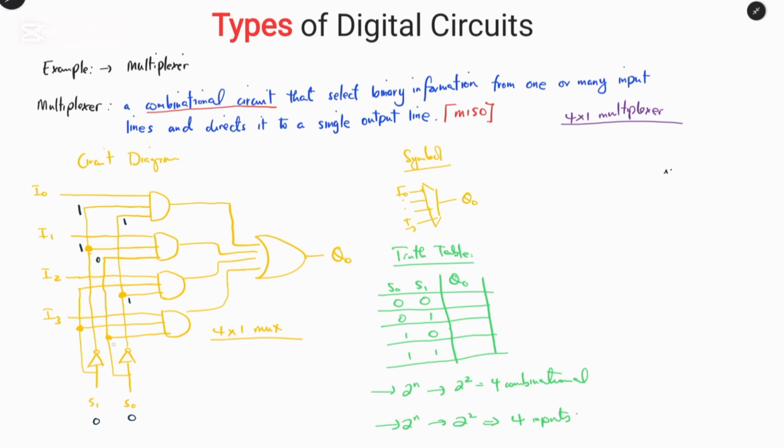We can have 0 here and 0 at this line, and also 0 at this line. However, only I0 will be appearing on the other side of the AND gate.